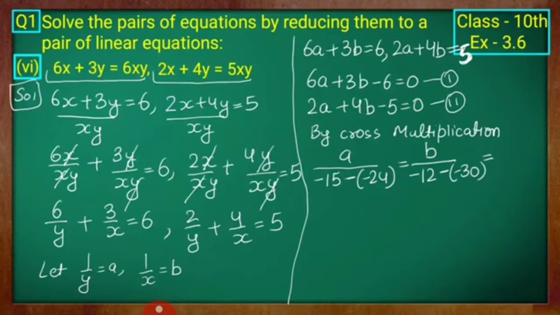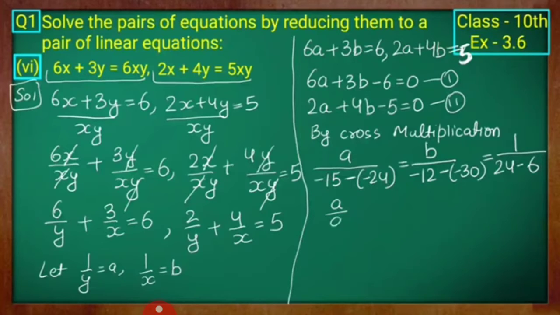For the constant term 1 upon, just hide this constant term and multiply this 6 by 4, 24, minus 2 into 3, it is 6. Simplify this term, so it will be a upon minus 15 and minus into minus multiply plus 24.